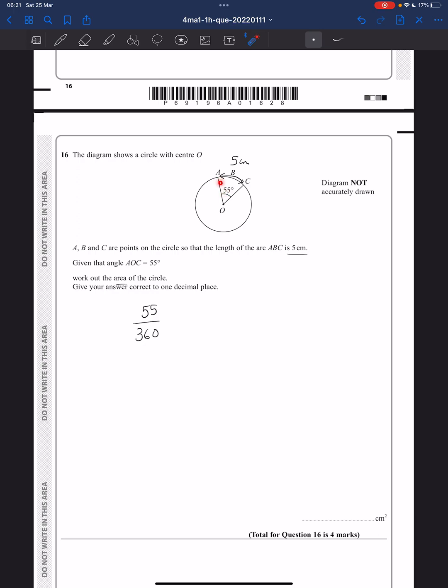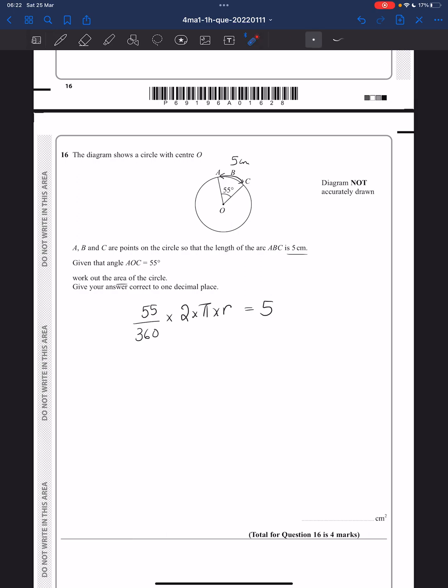We've got this proportion of the full circle. So the arc A to C is going to be this proportion of the full circumference, and the circumference is 2 times pi times r. Okay, and that is equal to 5.